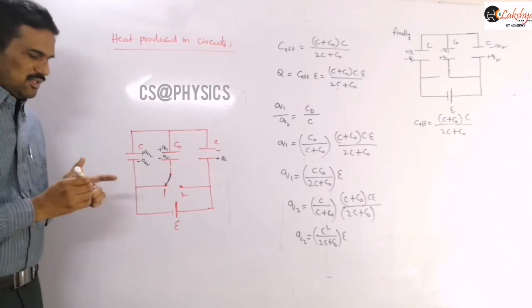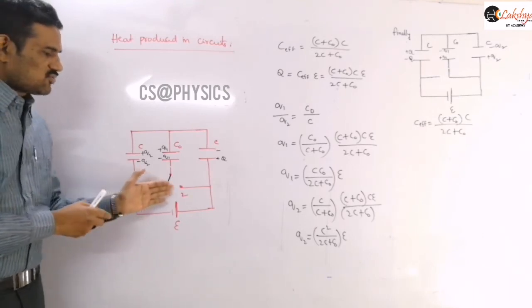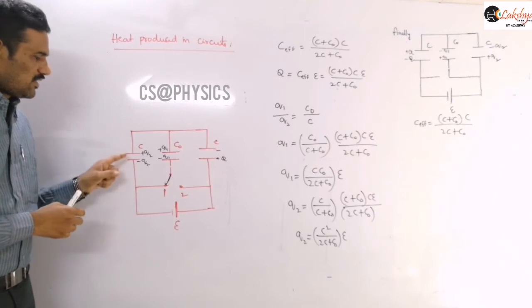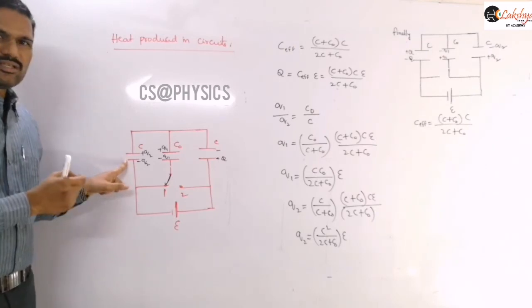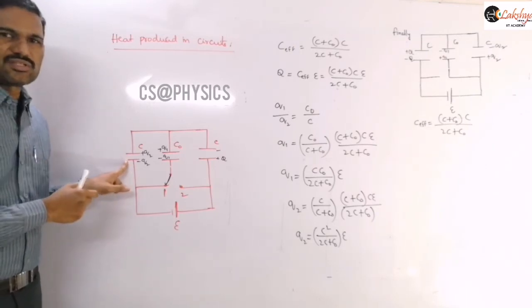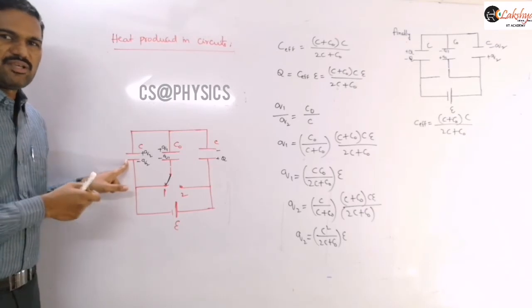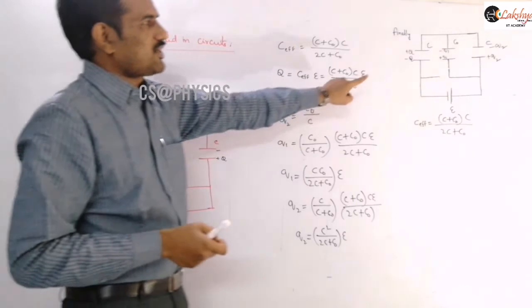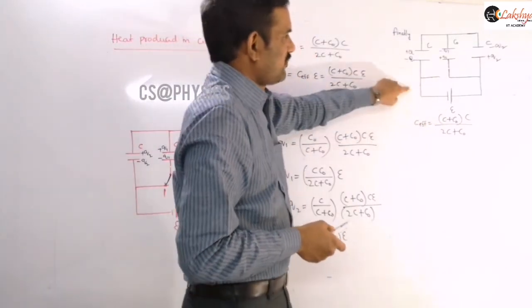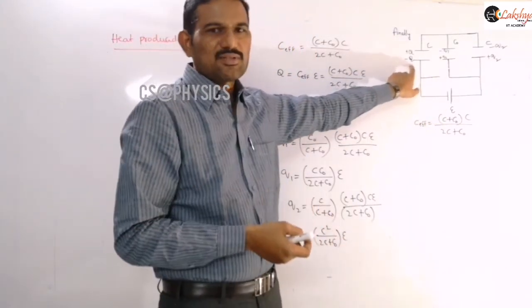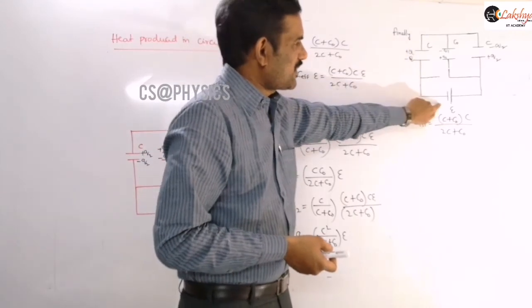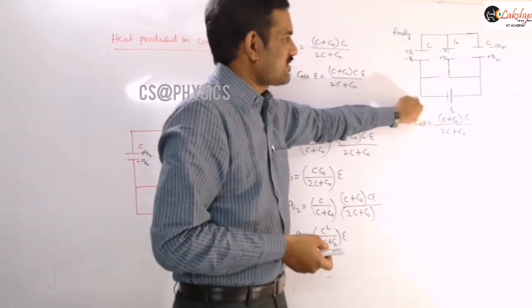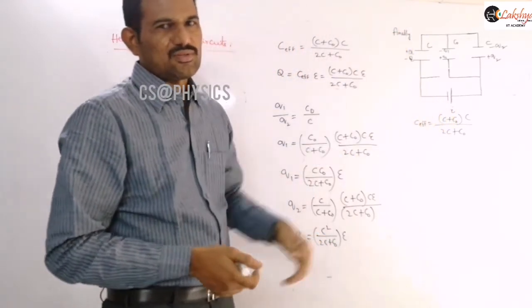Once we shift the switch, if there is any change in the charge on this negative plate, that change must be due to this cell only, because that plate is finally connected to the cell only. If any change is taking place here, it must be because of this negative terminal. The charge is flowing along this direction only.